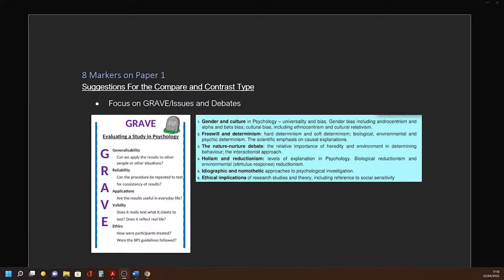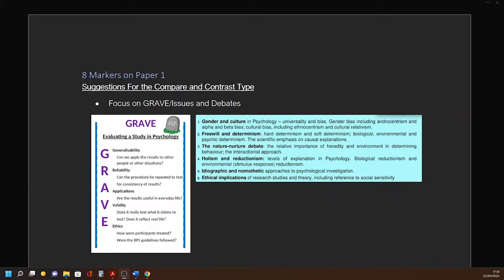My suggestion is to base your similarities and differences on the evaluation points and issues and debates that you learn throughout the year to evaluate the core studies of the syllabus.